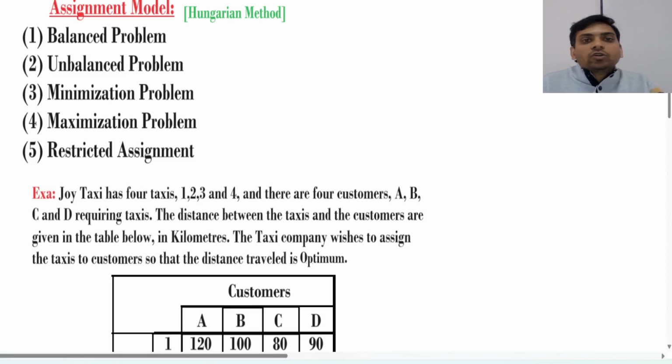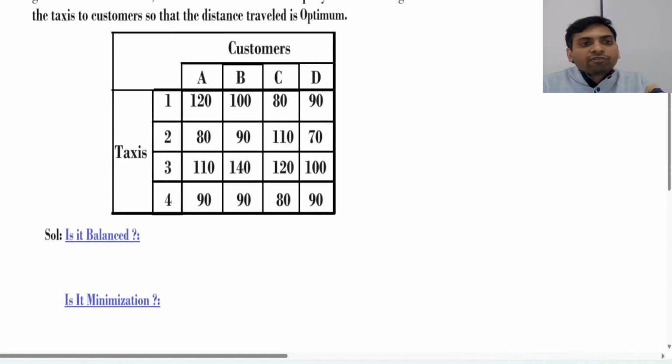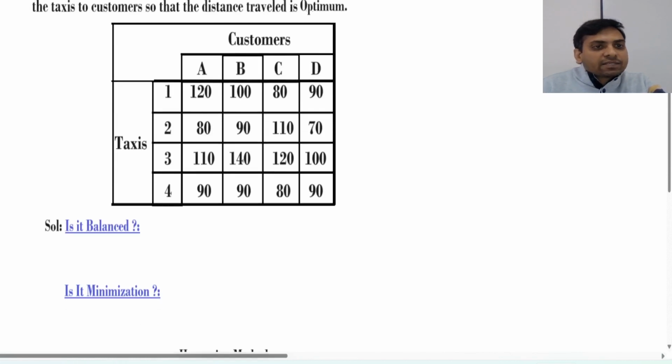Is it clear? So we will start assignment problem with first step, problem is balanced or not. What? Problem is balanced or not. Okay, so we are writing first heading in this case, is it balanced? So your answer is what for this?